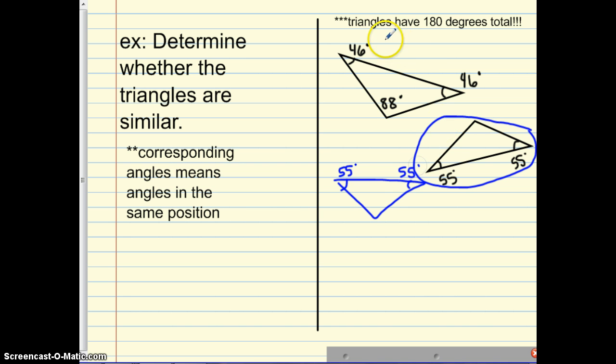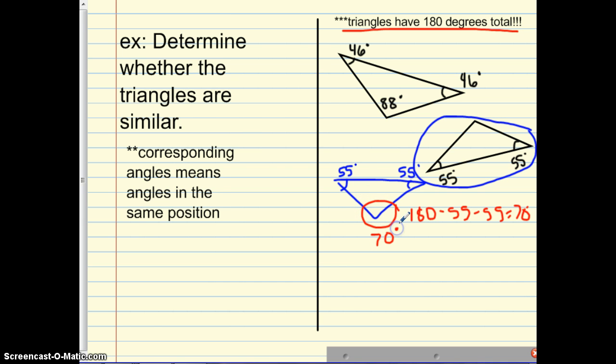Quick reminder in case you need it, triangles have 180 degrees total. So if we needed to find this missing angle, you'd go 180 minus 55 minus 55, and that is 70. So this is 70 degrees.